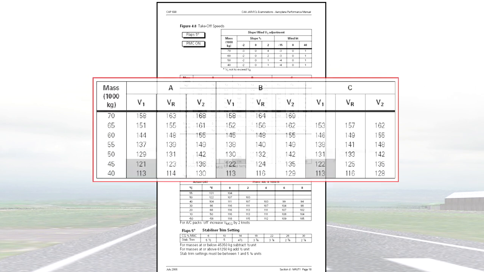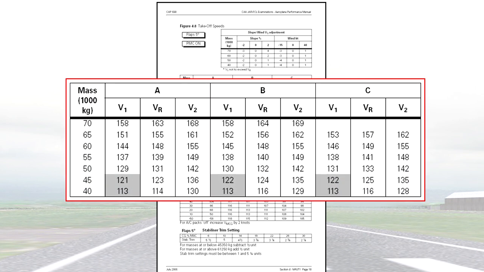On page 18 and 19 of section 4 in Cap 698 are such tables. Examine the second table from the top. This table lists the 3 V speeds, including V1, against the aeroplane mass. This table can show us what the effect of certain factors are.